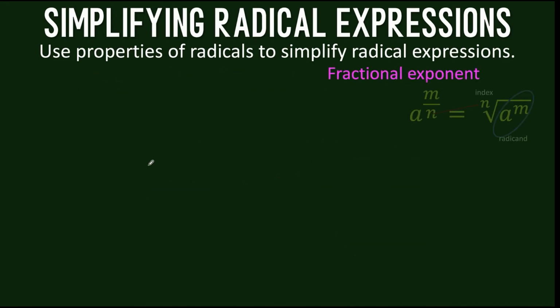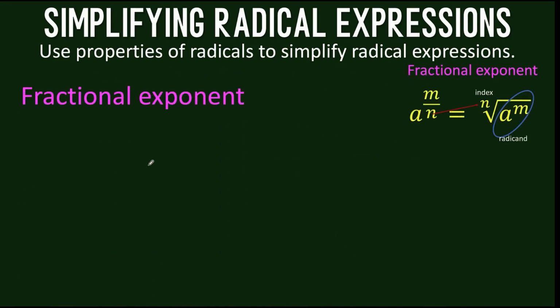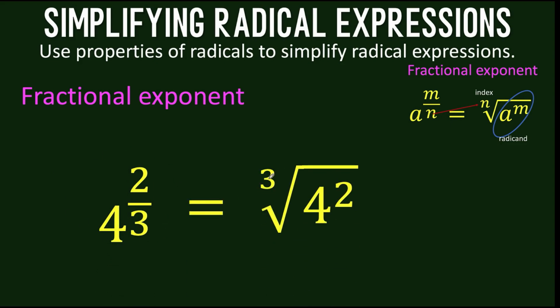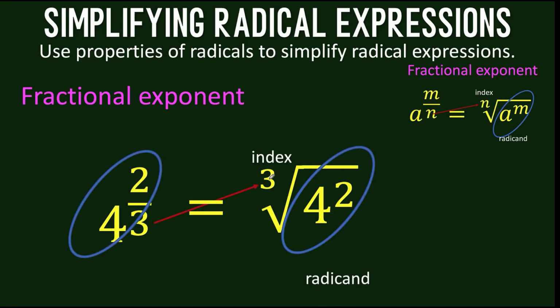Now let's demonstrate that using this example. Let's say we have 4 raised to 2/3. To write this in radical form, this 3 becomes the index of the radical, then 4 squared becomes our radicand. These two forms are equivalent. One is in exponential form, the other is in radical form.